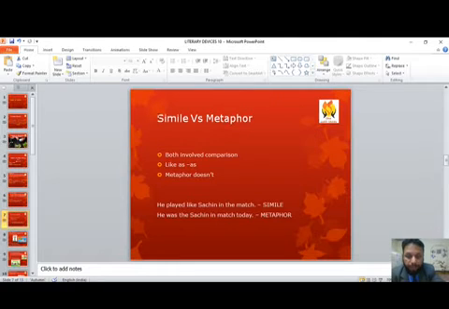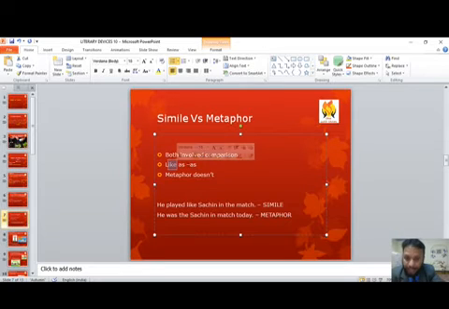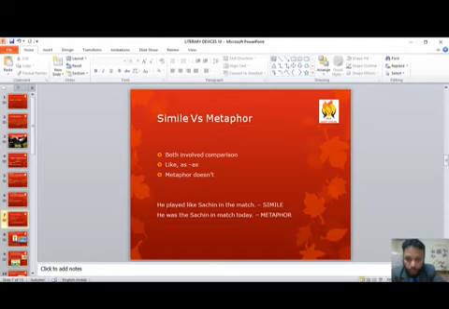Simile versus metaphor. So what is the difference between simile and metaphor? Both are involved in comparison. You'll find that both the devices are used to compare, but one takes like or as dash as, and the other doesn't take it. The other is directly associated.